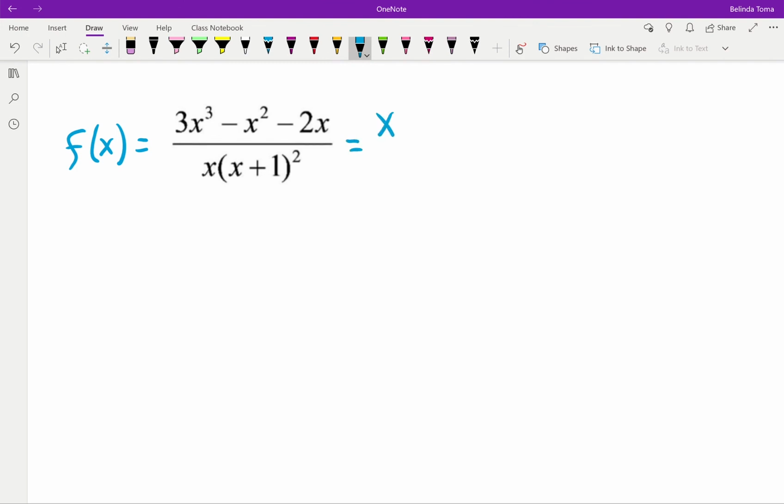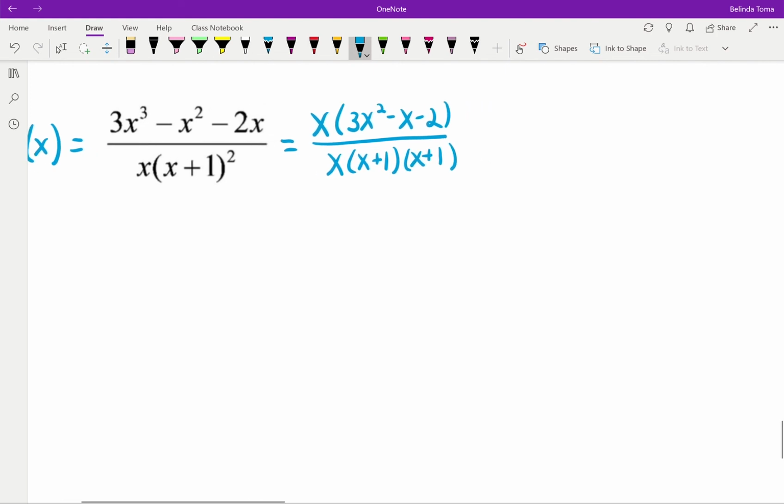We're going to factor out an x, which would leave us with 3x squared minus x minus 2. And in the denominator, I'm just going to write this in expanded form because it's already in factored form, but it's easier to actually see it when we have the x plus 1 written twice. So if I do the factor pairs of 3 and the factor pairs of 2 that have a difference of 1, I'm going to be able to factor to 3x plus 2 times the quantity of x minus 1.